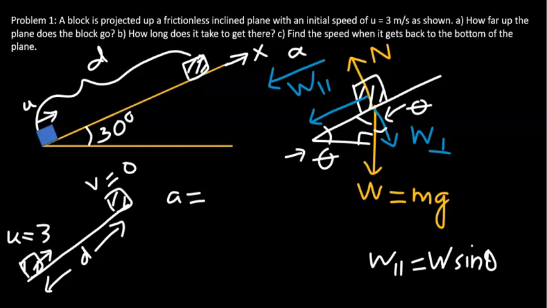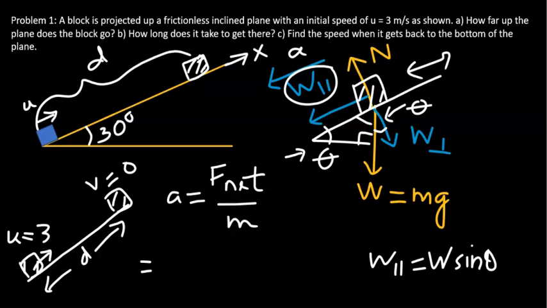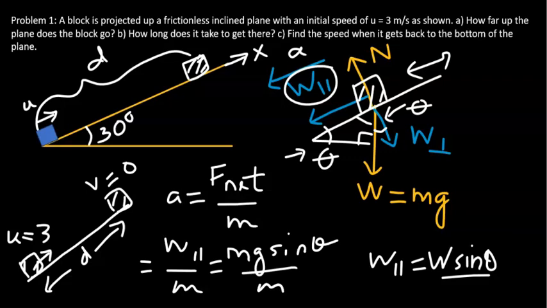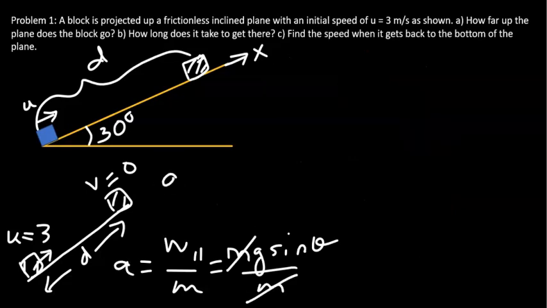So a is the net force along the plane, which in this case is just W parallel because there is no other force in that direction, over the mass of the block. So the net force is W parallel over mass. W parallel is mg sine theta over m. m cancels, and you get g sine theta for the acceleration. So there we go. The acceleration is g sine 30 degrees for this problem.